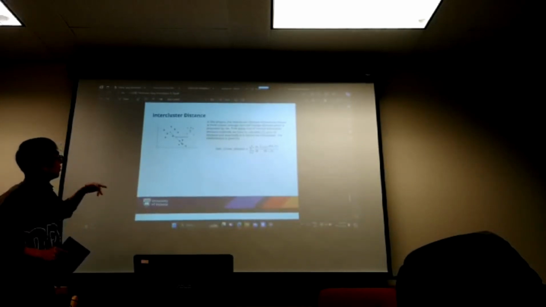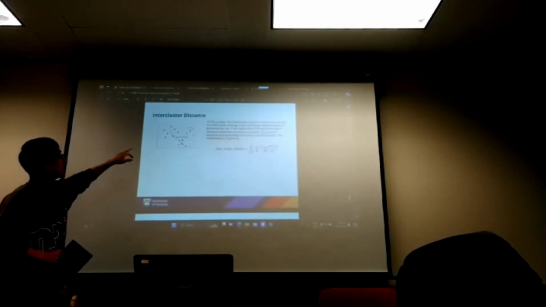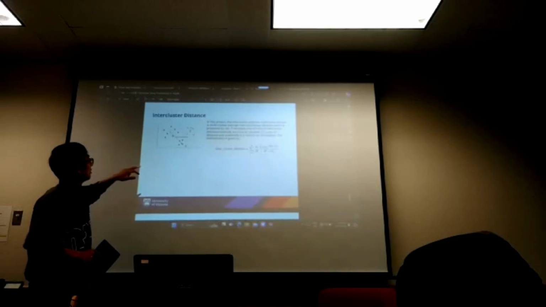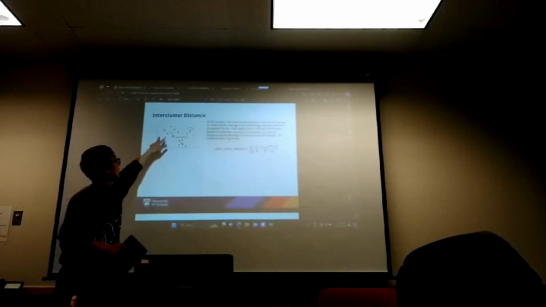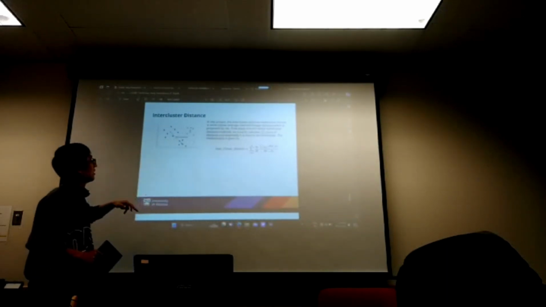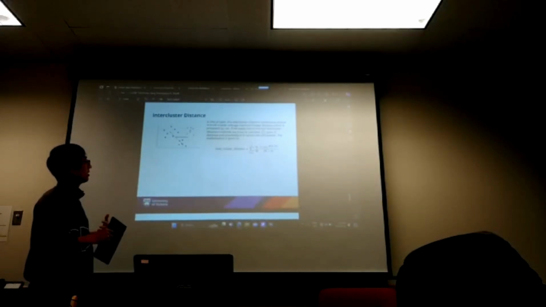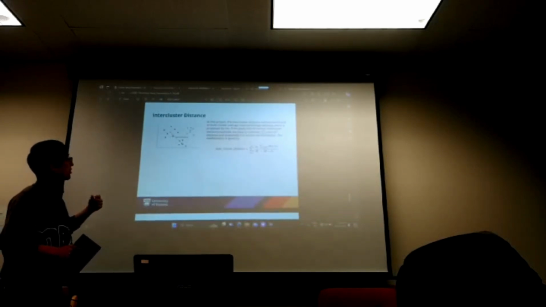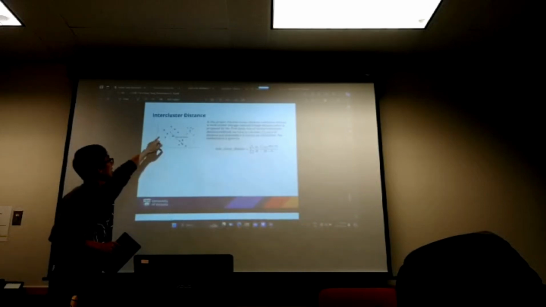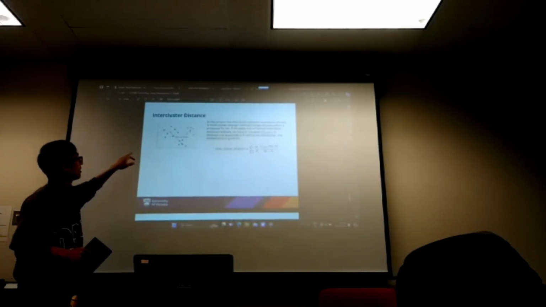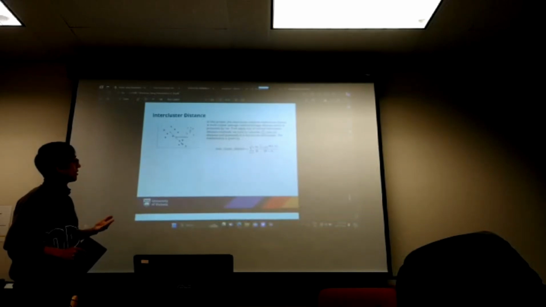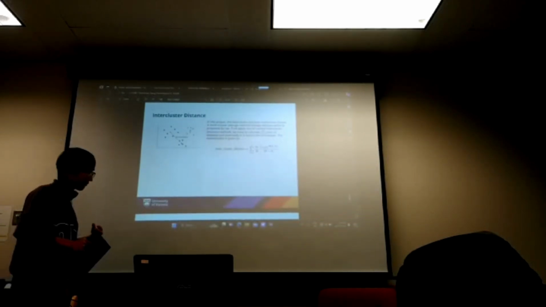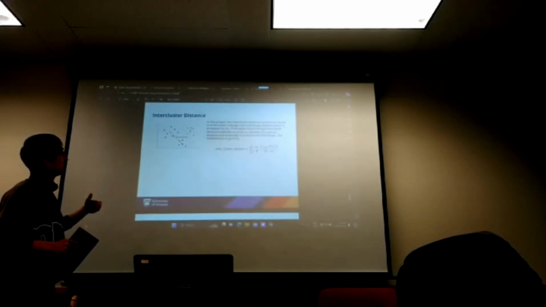Then we pick one cluster centroid. Then we calculate the distance between the centroid and all the data points not in cluster 1, and we also take the average. We use the number of data points in cluster 1 as the weight, and we use the weight to normalize it.